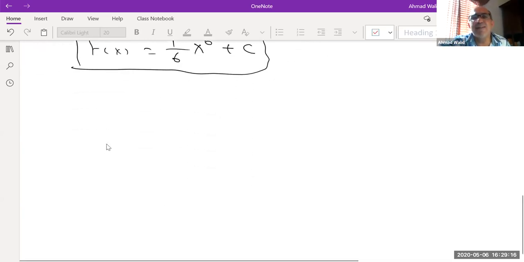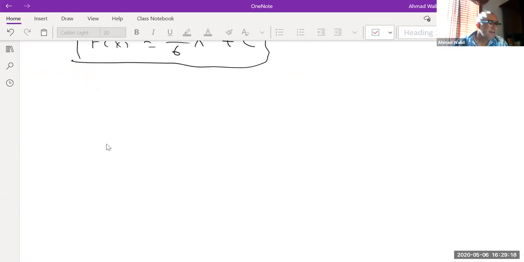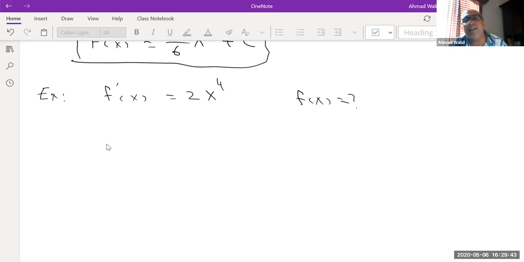Let's do another example. These examples that I do for you, the easy ones, they are not in your book. Which one is in the book? Later, I'll start with that one also. F prime of x equals 2x to the power of 4. They're asking you to find the most general antiderivative of this function. The most general means you should have plus c.